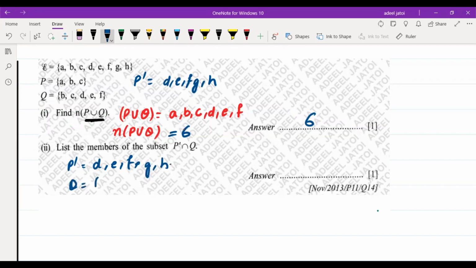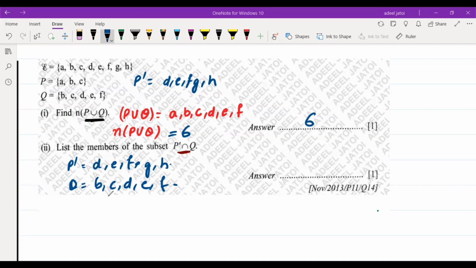And Q is B, C, D, E and F. What does intersection mean? Intersection means common numbers, common variables.